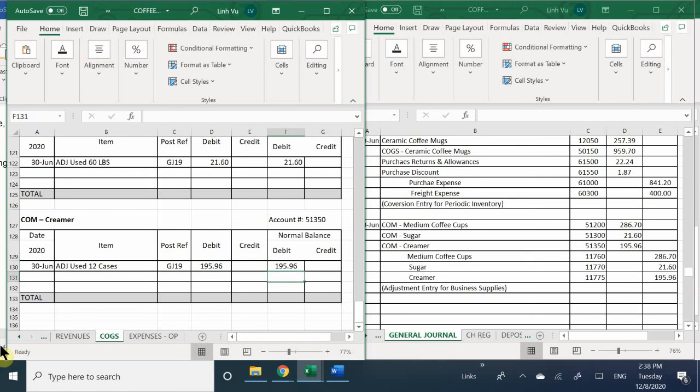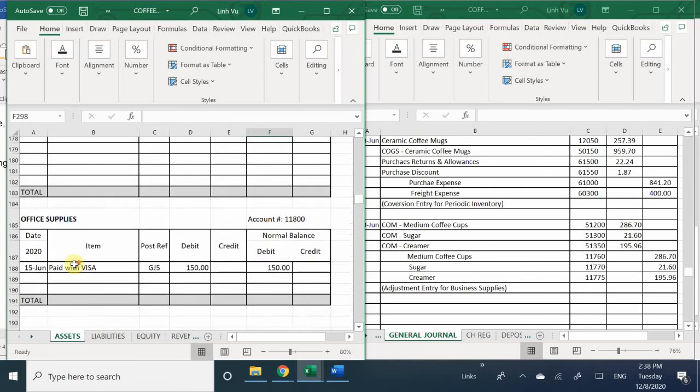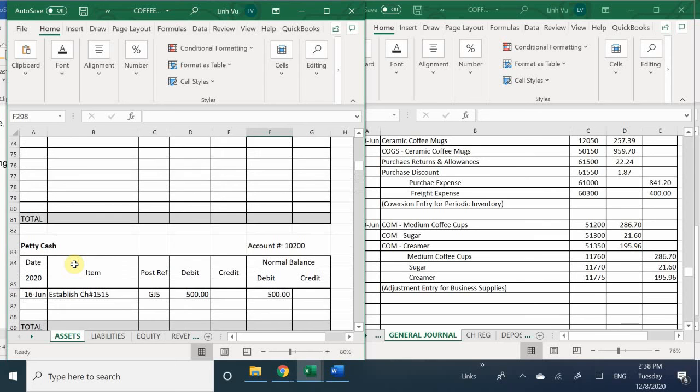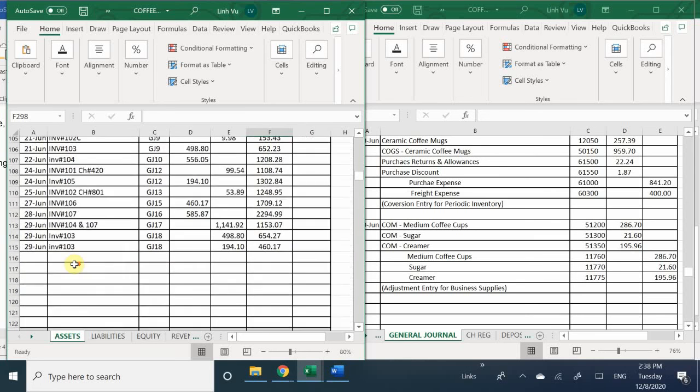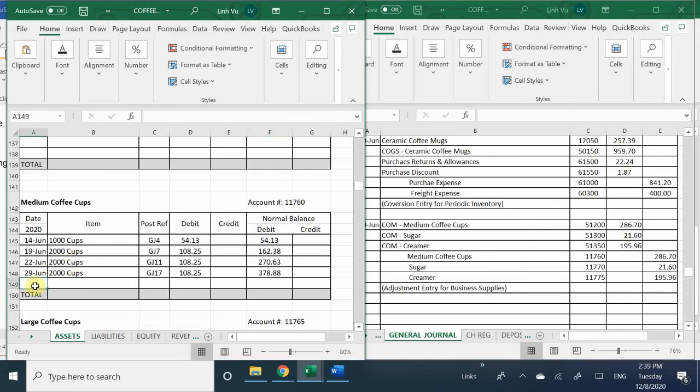And under the medium cup, the 11,760, way up here. Okay. And the date and amount was the 5,297. Are we still putting adjustment too, right? Sorry.